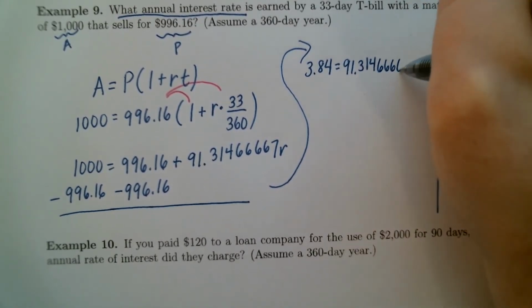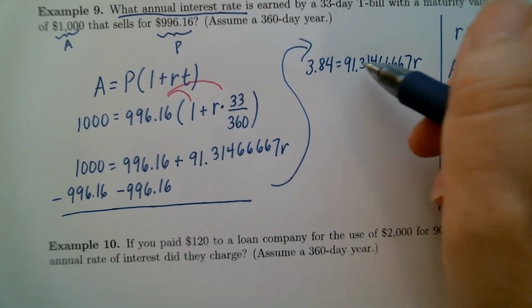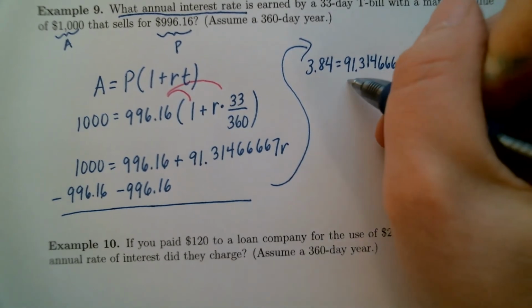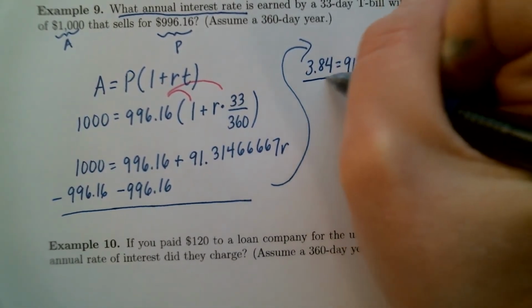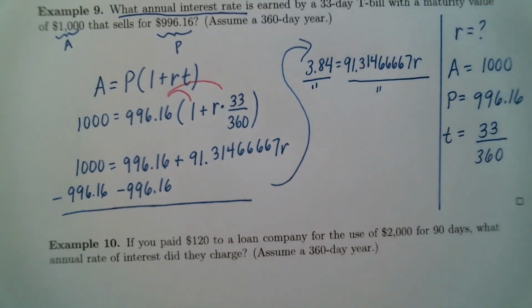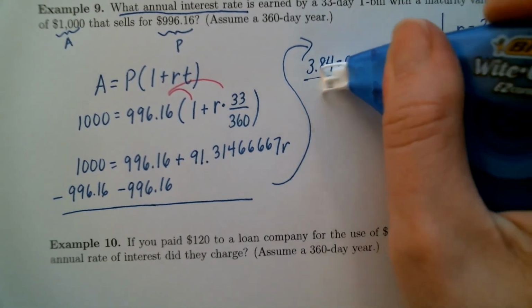If you want R, and R is multiplied by this decimal, you're going to have to divide both sides by this decimal. Let me do this to make it clear.